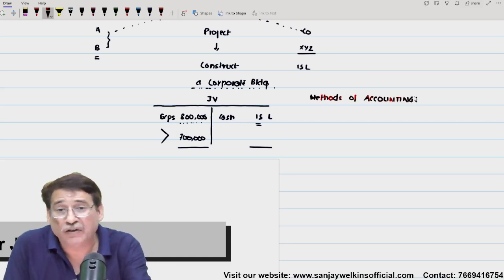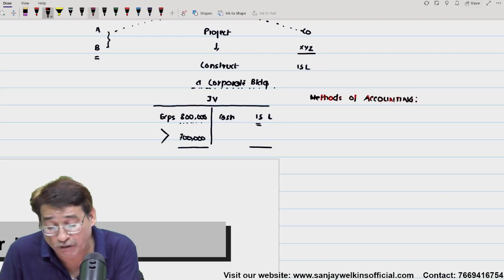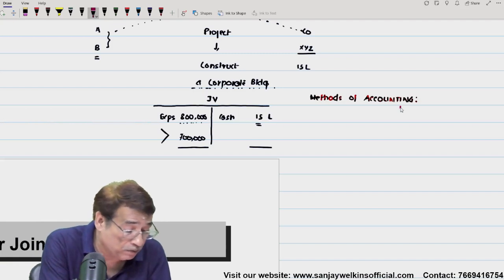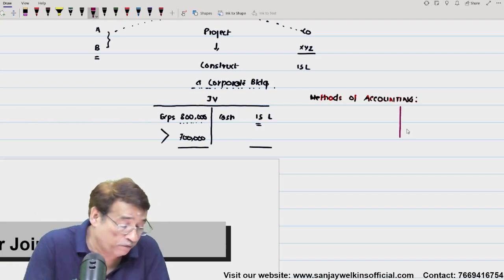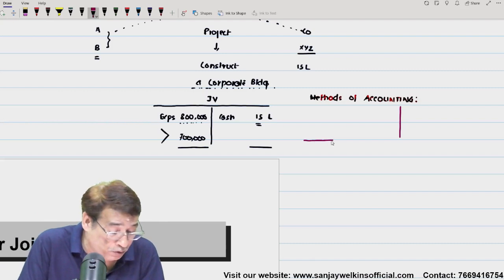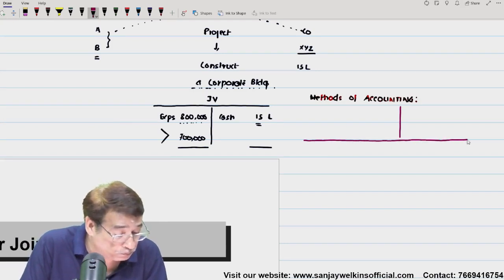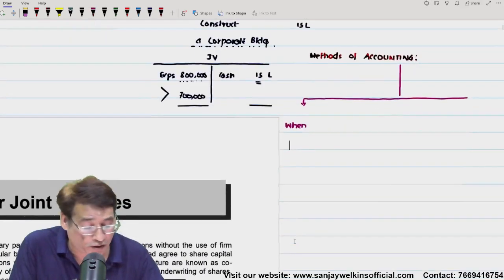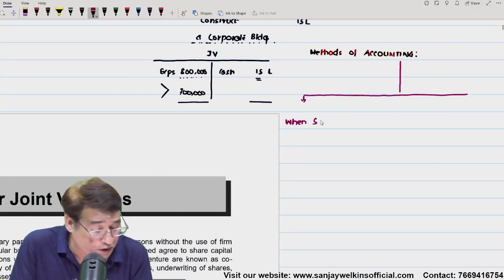We will see there are three types of methods, and one by one we will analyze the same. One is when a separate set of books is maintained. The first method, and it is the most important one, is when a separate set of books is maintained.